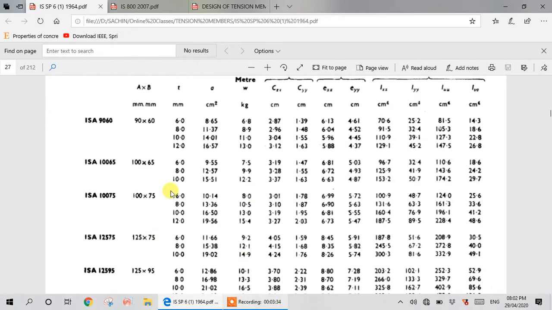So now if you refer to the steel table for unequal angle section, I will be going for an unequal angle section, so that we will have less shear lag width. So it's a required area. So I will be going with 175x8. That means the area will be 13.36 centimeter square or 1336 mm square.